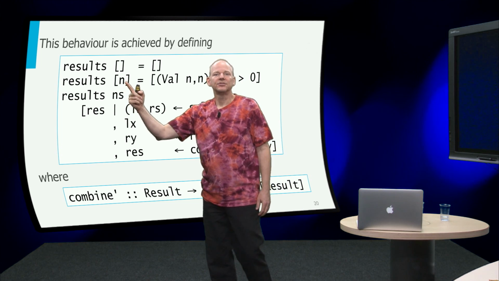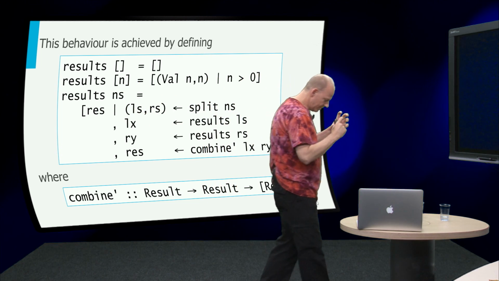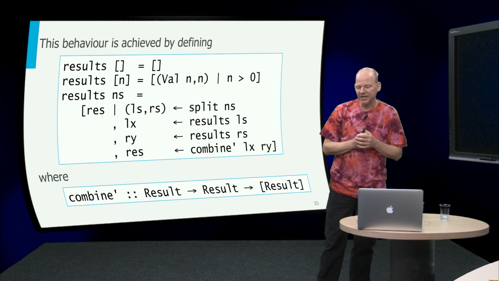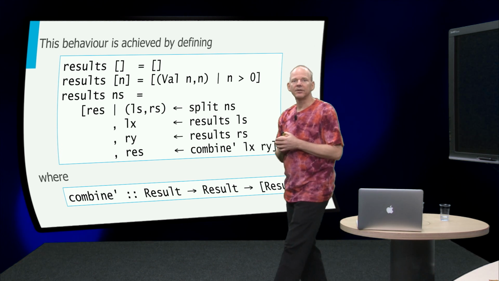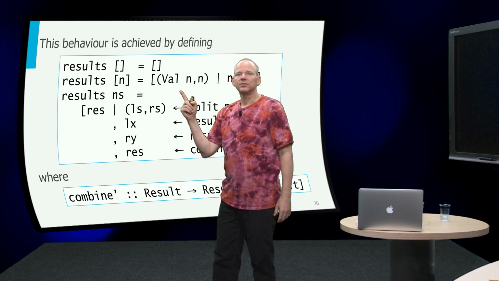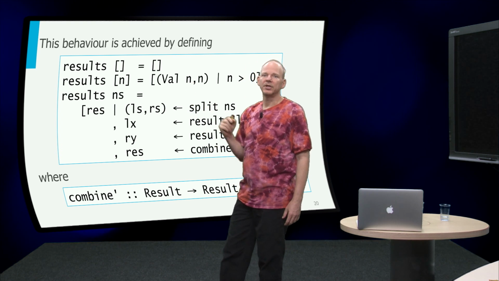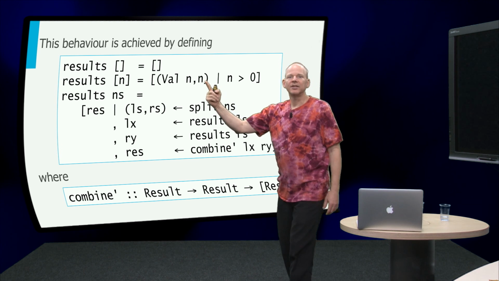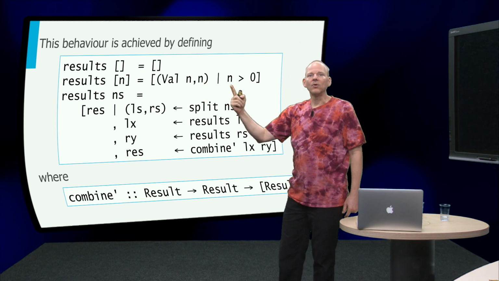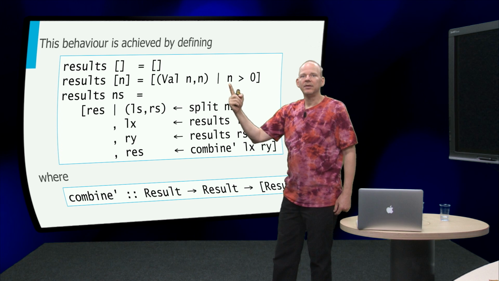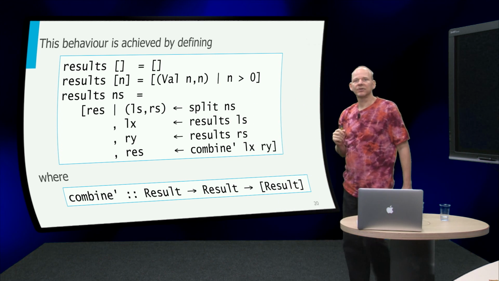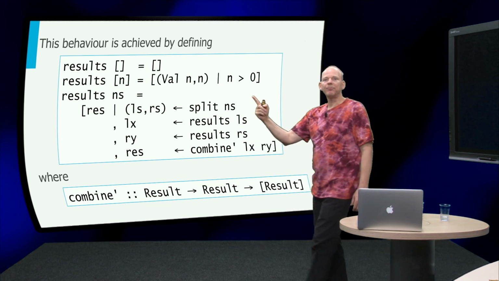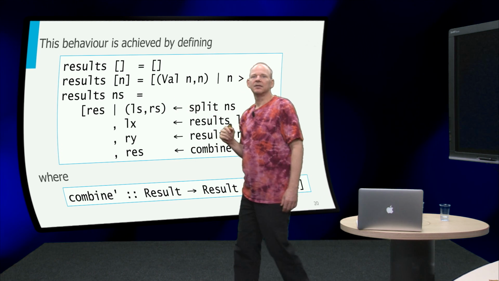When we want to generate the combination of expressions and their values for a single list, we do what we did before. We generate the expression, and we know its value. But this is only valid, remember, when the number was greater than 0. So now we can put this test right here.